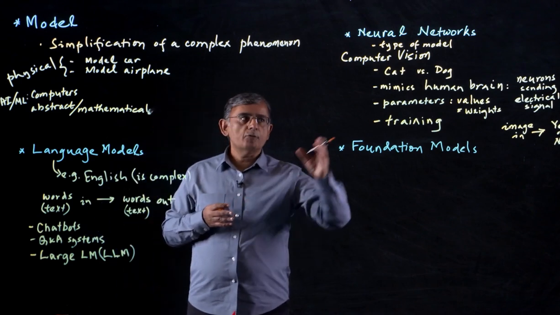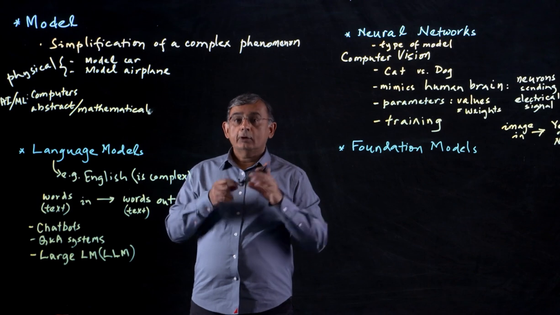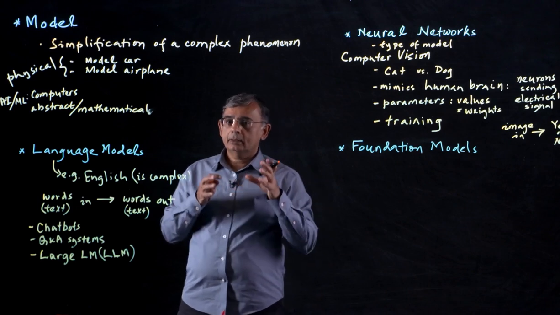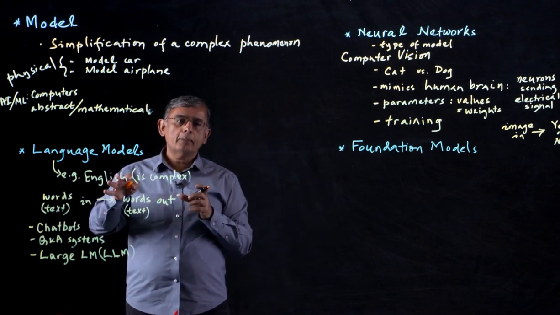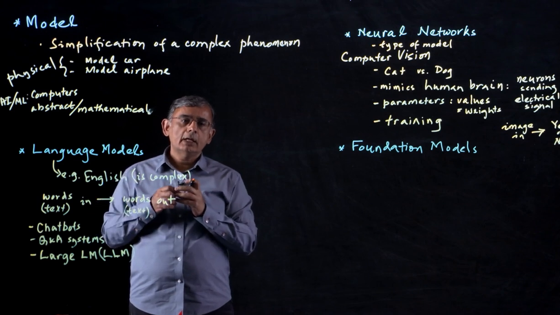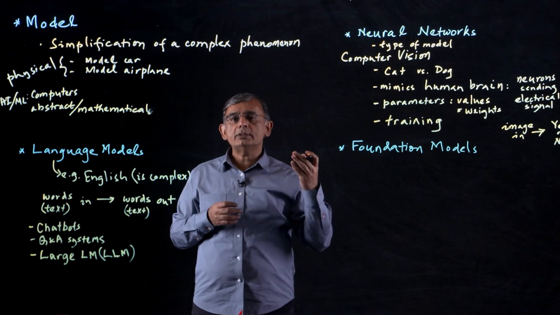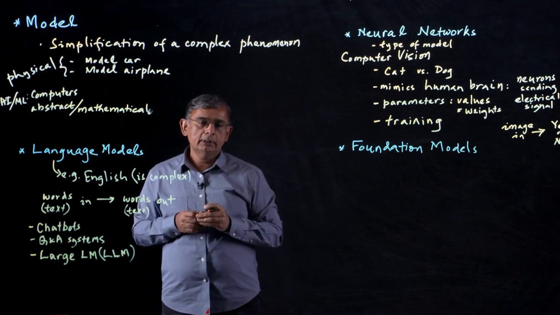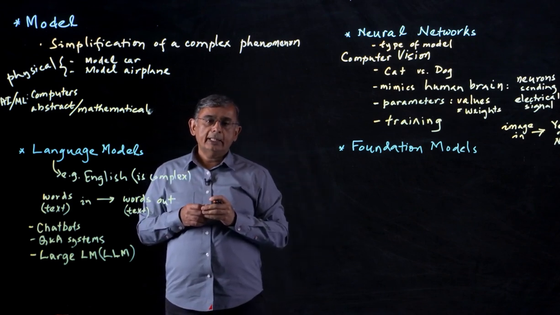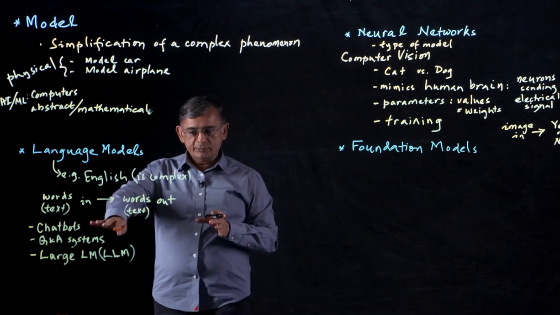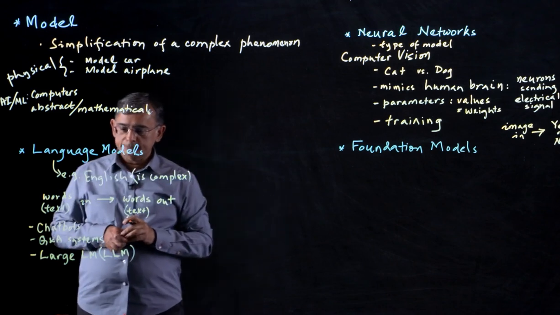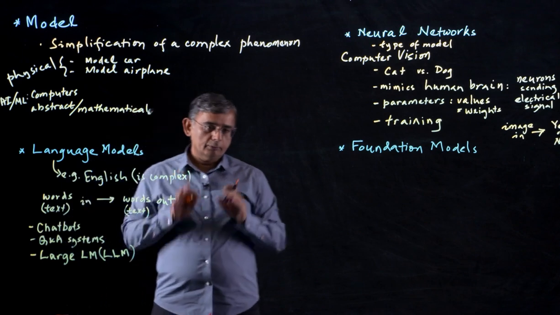All that means is the weights or the parameters that capture the abstraction of that complex object, in this case a language, are so many. We talk in terms of billions and nowadays even trillions of parameters. They require a lot of memory to store. So that's where the reference is to the large language model, the word large in there.